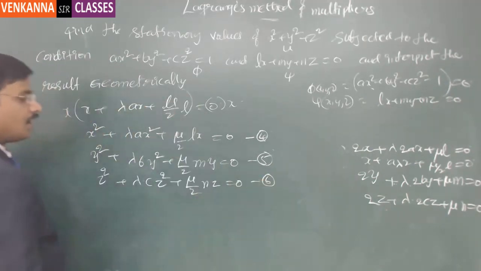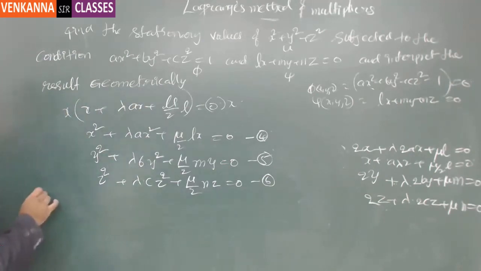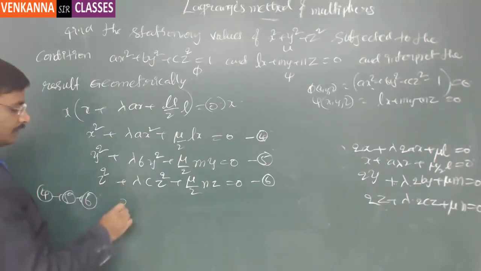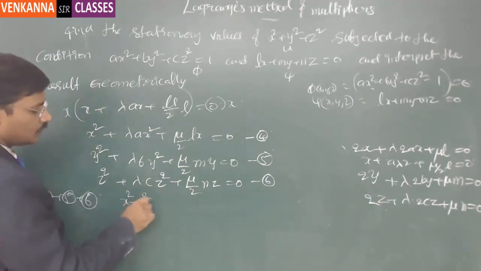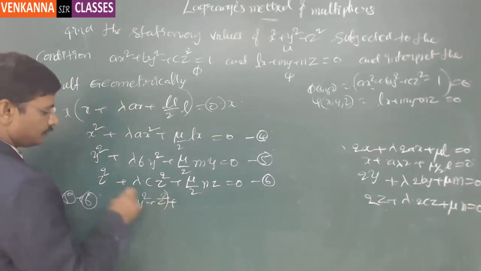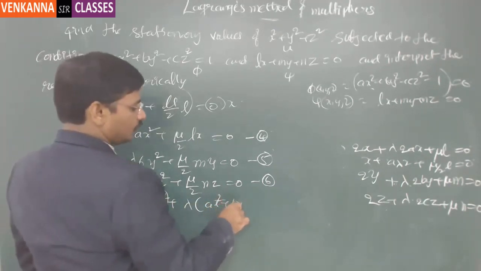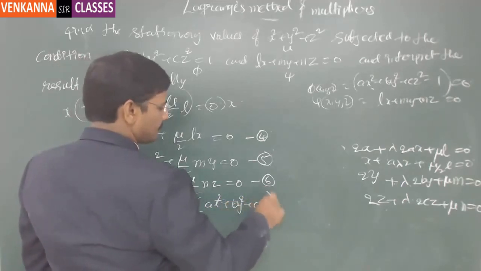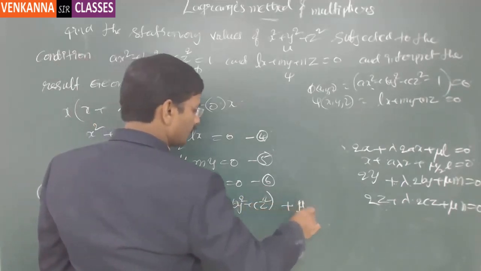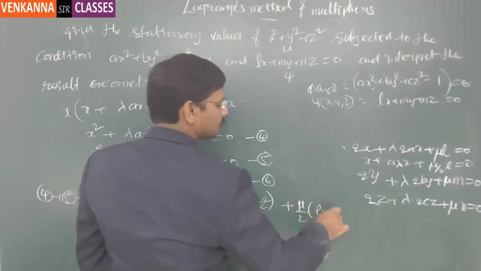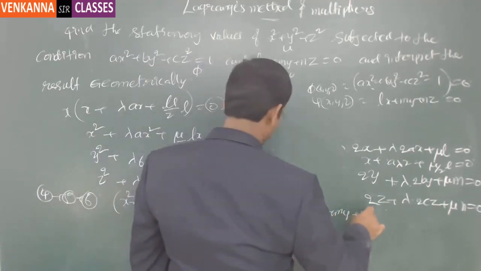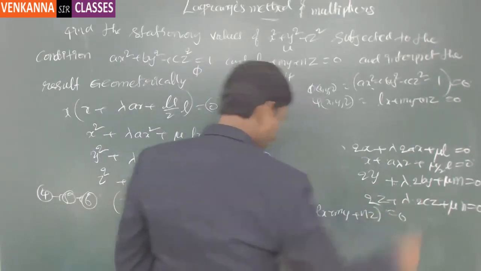Now if I add all these three together, that is 4 plus 5 plus 6, this will be x square plus y square plus z square plus lambda times of ax square plus by square plus cz square plus mu by 2 times of lx plus my plus nz equal to 0.